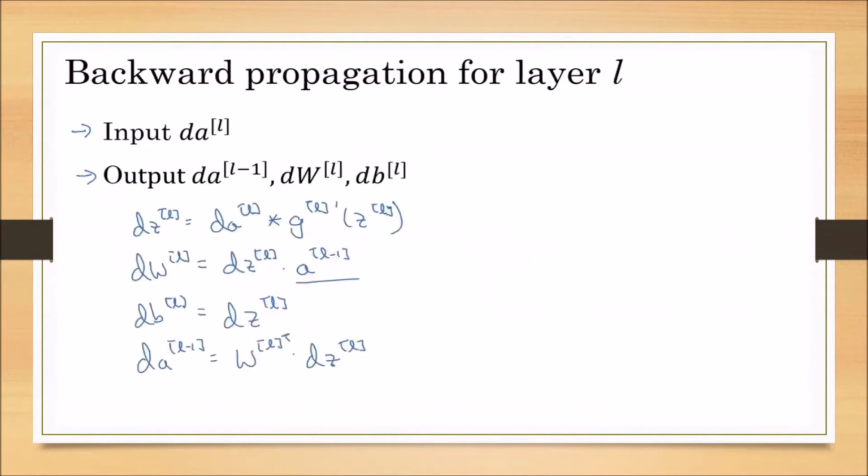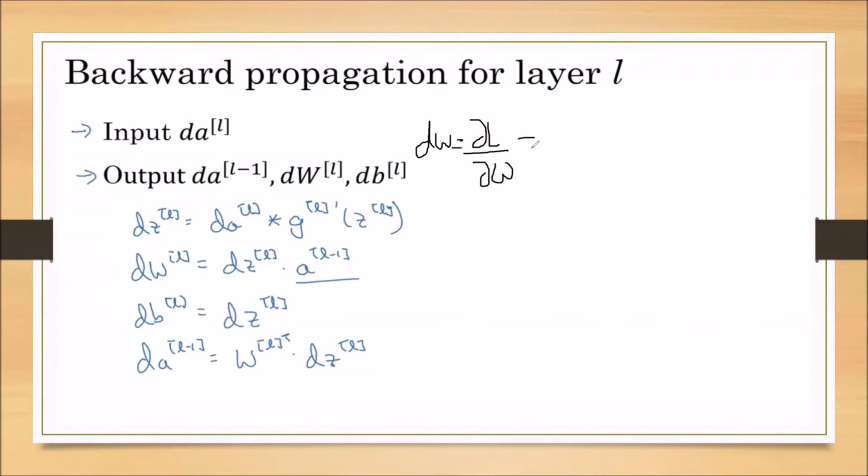In the backward propagation, the dZL, which is nothing but dou L by dou Z. So first we are interested in calculating dou L by dou W, which is nothing but dW. This is required for our gradient descent.